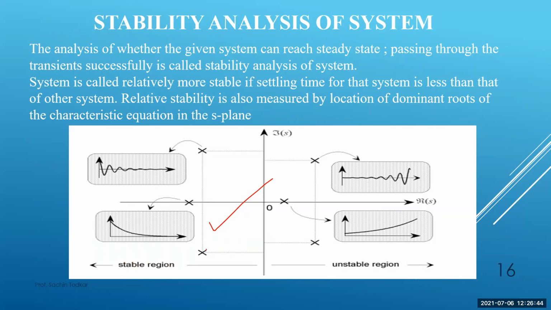Poles and zeros both are coming in quadrant number 3. This is quadrant number 1, in which both values will be positive; this is positive, this is also positive, this is positive, this is negative. Here both are negative, so the poles and zeros come in this quadrant.